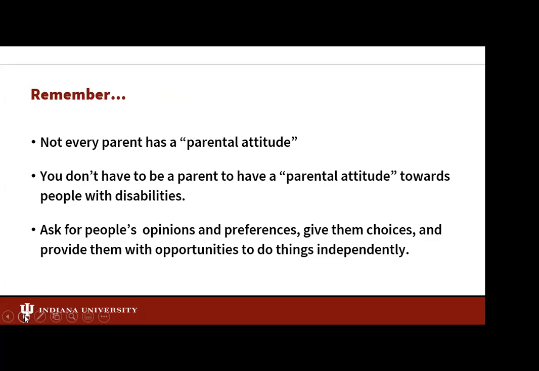And in order to do that, you may need to slow down. A lot of times people who haven't been given choice in their life, and then suddenly they are given choice, it takes time to figure out, even for somebody, what they want for themselves, let alone to speak it out. So you may need to slow down and take some time.